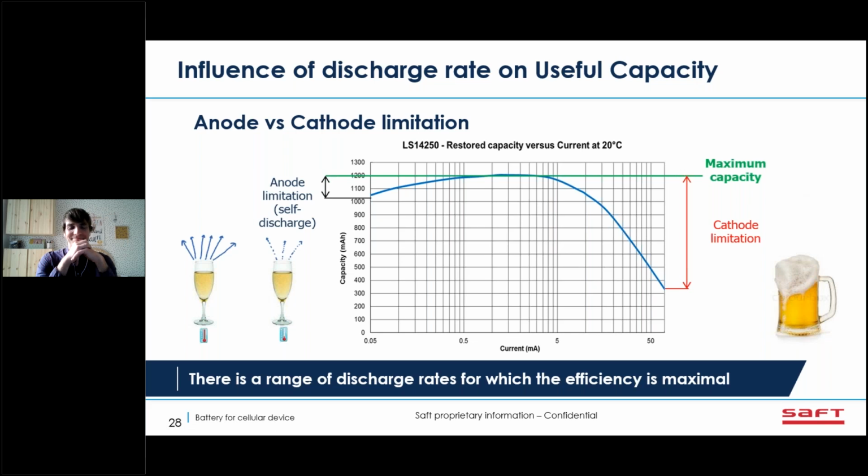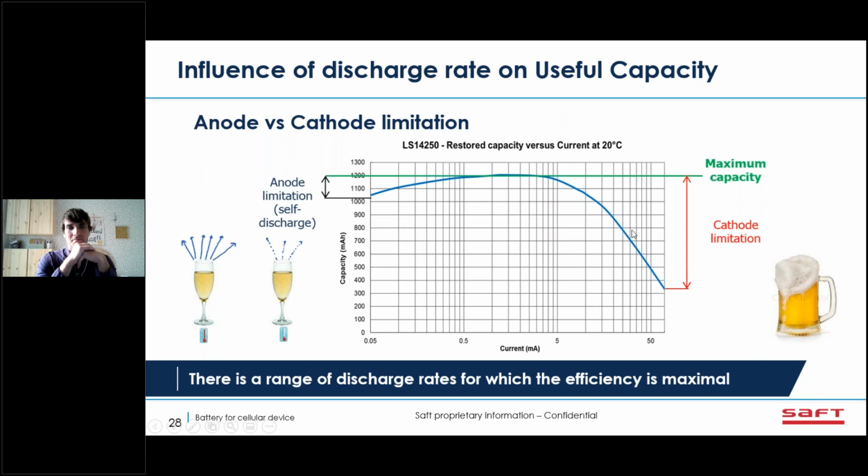So there is a range of rates where the efficiency of the system is optimum. This is generally not the level of current peak, and this is generally not the level of consumption in sleep mode.